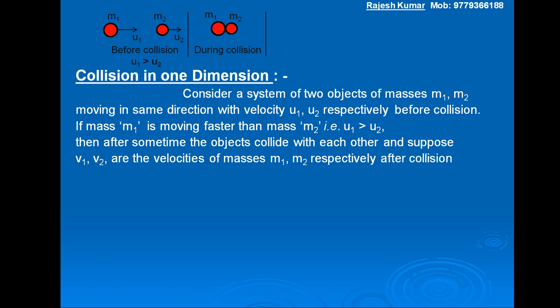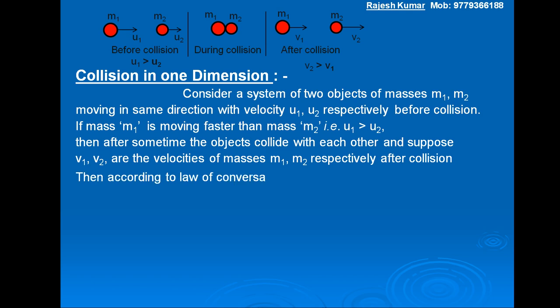That is, after collision, suppose the object of mass m1 is moving with velocity v1 and the object of mass m2 is moving with velocity v2. After the collision, v2 is greater than v1. That is, the object of mass m2 is moving faster than the object of mass m1.